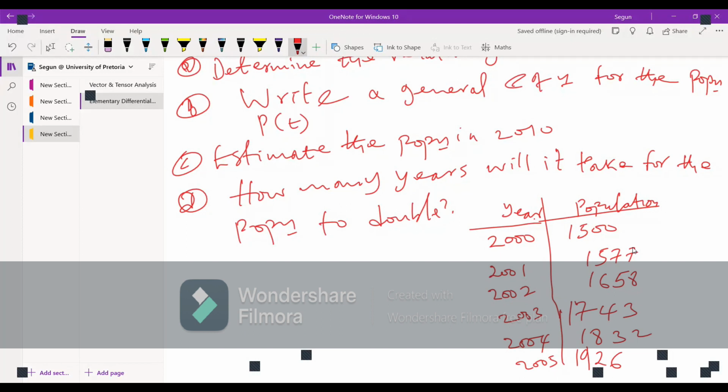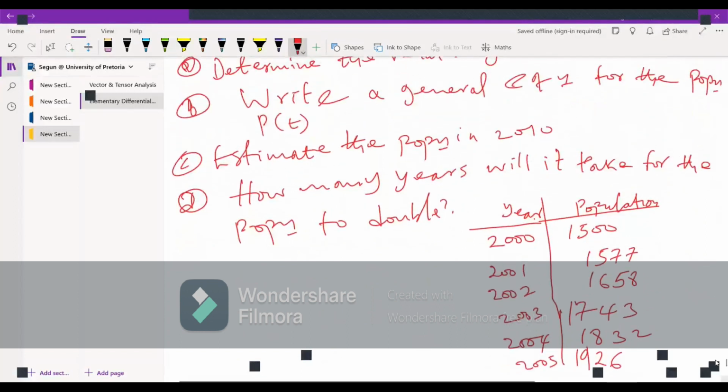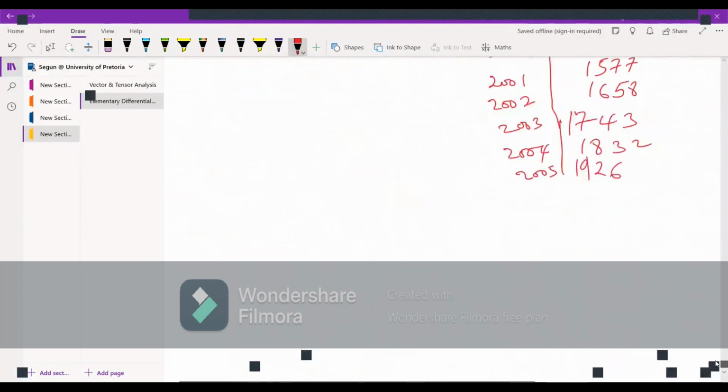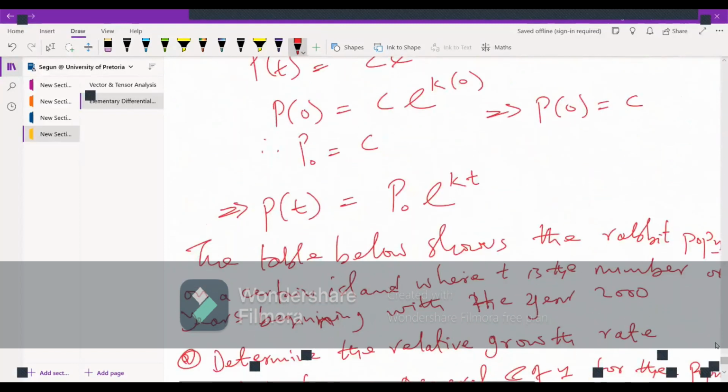So we're asked to solve this problem. It's pretty simple for us to do that. Remember, we have our P up here before. This is our general equation.